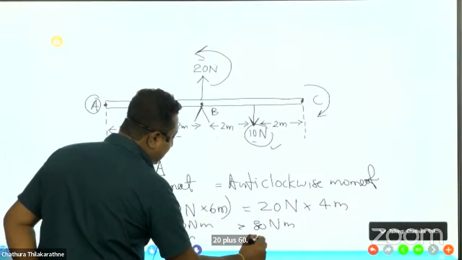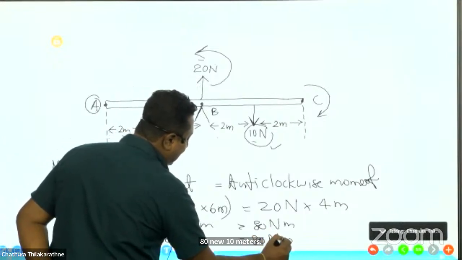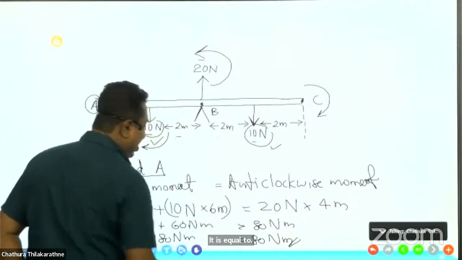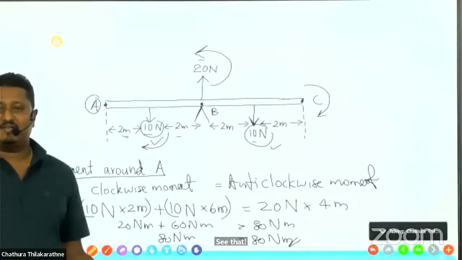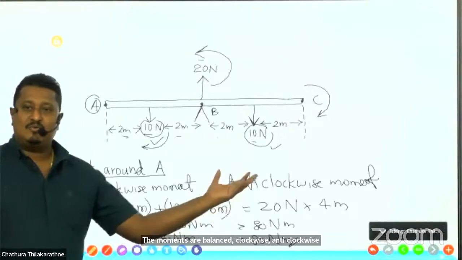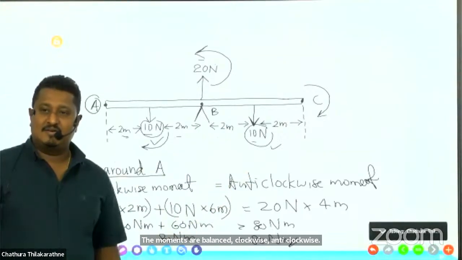It is equal to the opposite moment. See that? The moments are balanced clockwise and anti-clockwise. That's why the object is in balance.